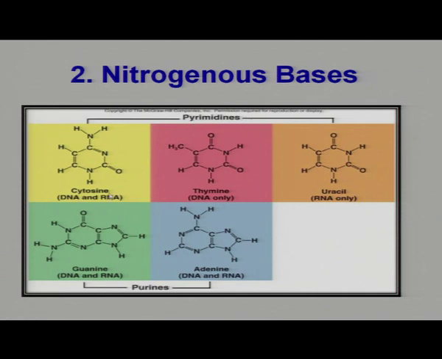Pyrimidine includes cytosine, thymine and uracil, and purine includes guanine and adenine. Out of these 5 nitrogenous bases, only 4 are present in DNA and 4 are present in RNA. Cytosine, thymine, guanine and adenine are present in DNA. Cytosine, uracil, guanine and adenine are present in RNA.